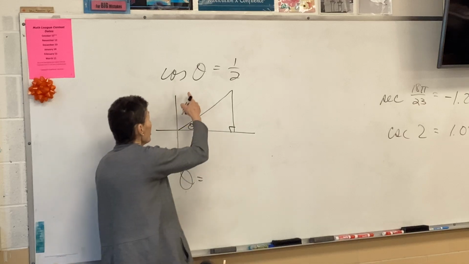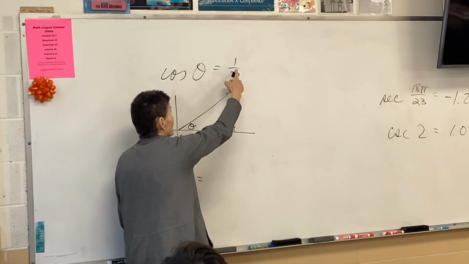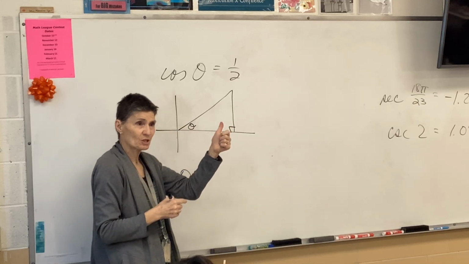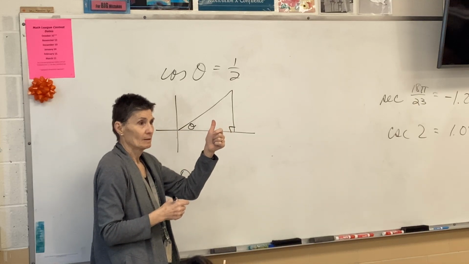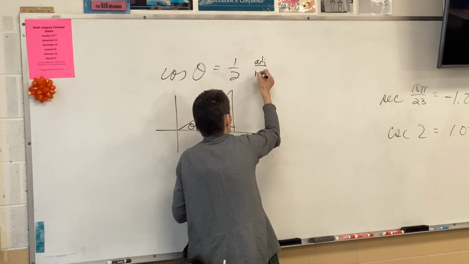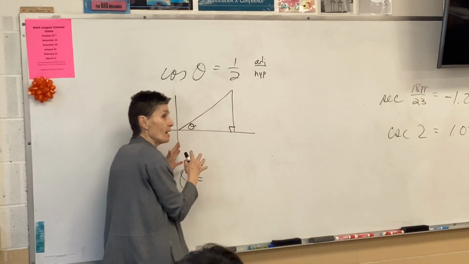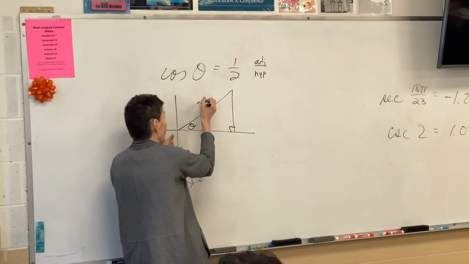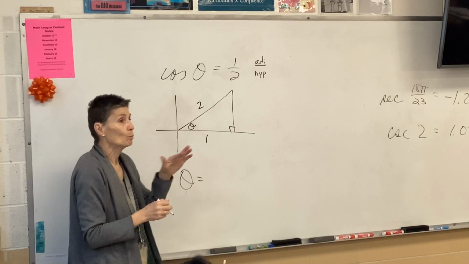Now, what do I know? I know my cosine is 1/2. What's the definition of cosine? Adjacent over hypotenuse. So in this triangle, the adjacent side is 1 and the hypotenuse is 2. Would you agree with that?